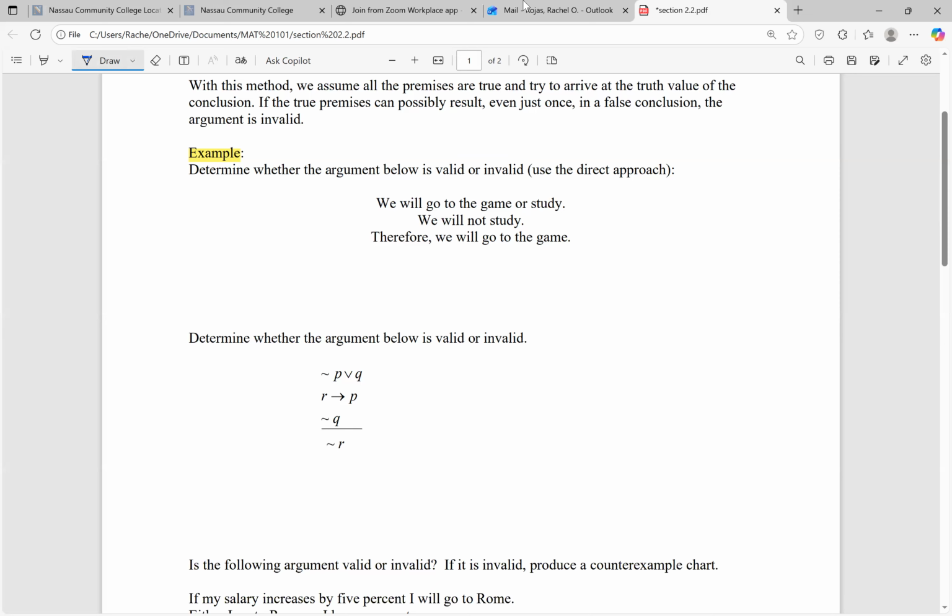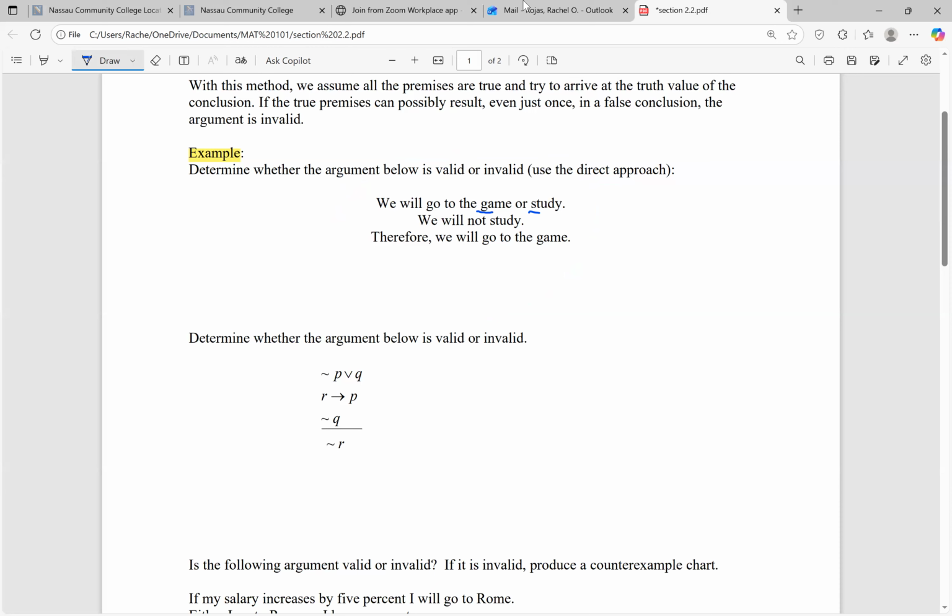So the first thing is, if we have an argument in words, let's change it to logic notation. So let's rewrite it using variables. We will go to the game, we'll use G, or we will study, S, and that's it. We just have those two variables. So let's write this as an argument using symbols.